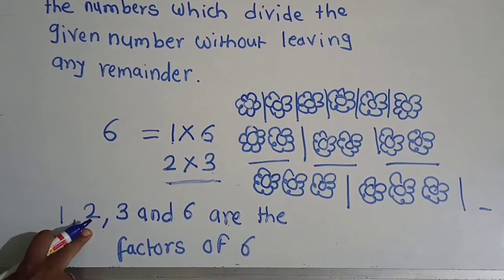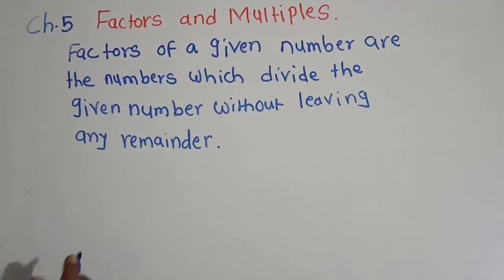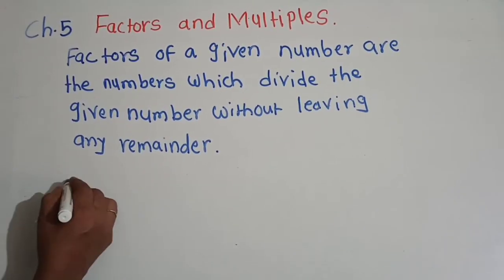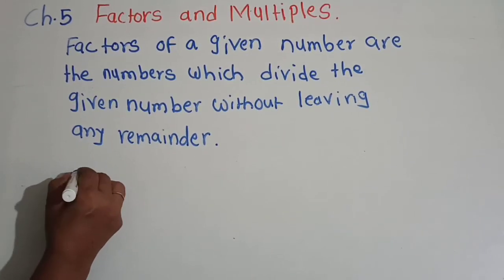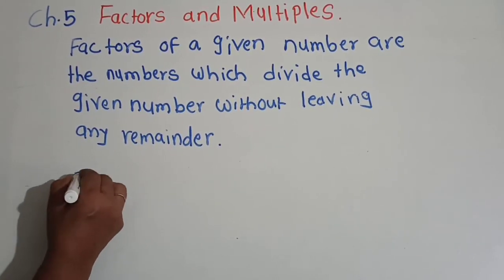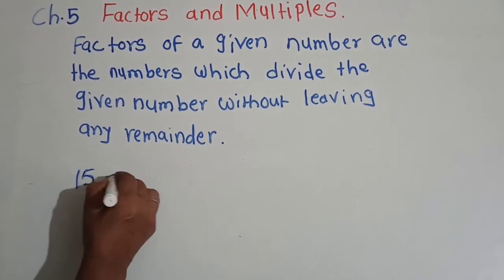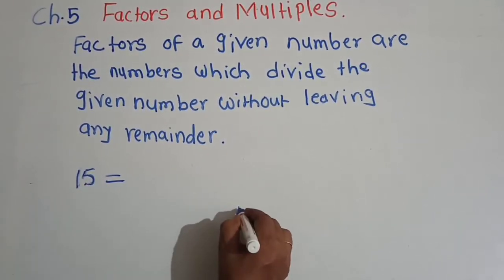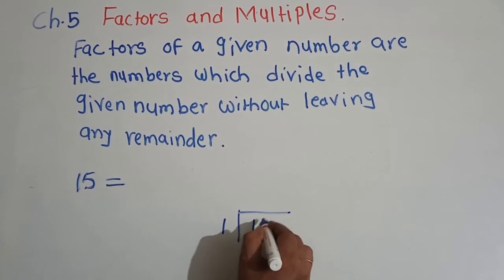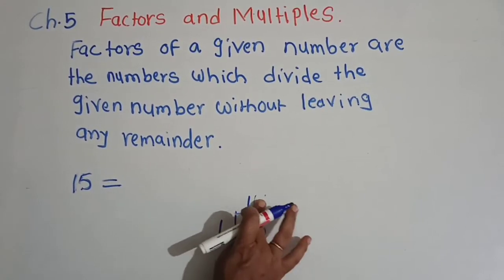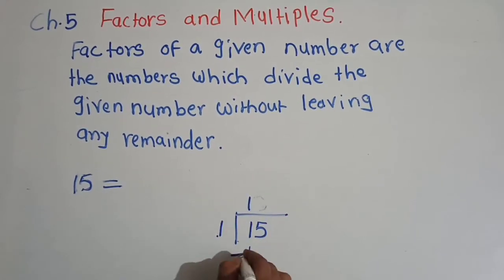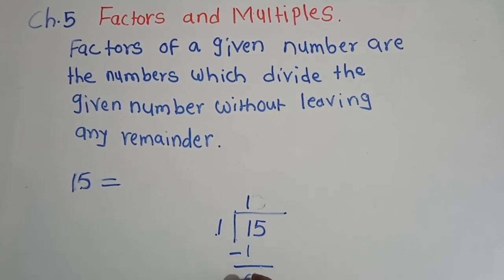Okay, understand children? We will see another. Let's see one more example here. Here is the number 15. Now we can divide 15 by 1. 1 one is 1, 1 minus 1 is 0.